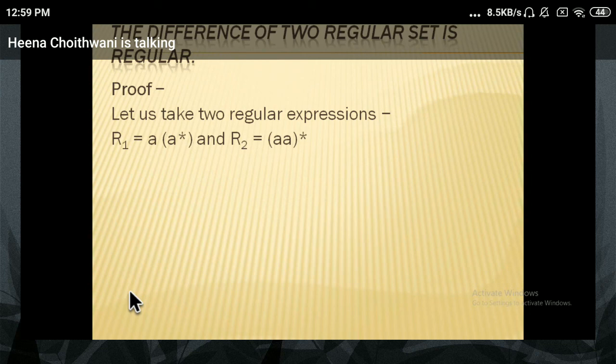Sanjana, will it be A star or A plus? Since we have one A which is fixed here, A into A star will become positive closure of A, because your epsilon will become A. So we'll be having all the possible strings which are made up of A excluding epsilon, right?